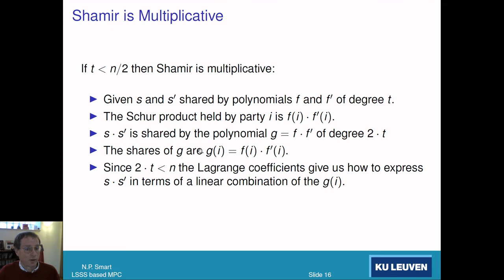And these shares are given by the g_i, which is exactly the same as f(i) times f dashed(i), sorry.